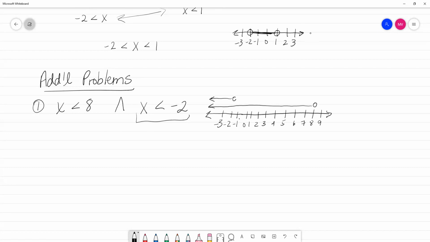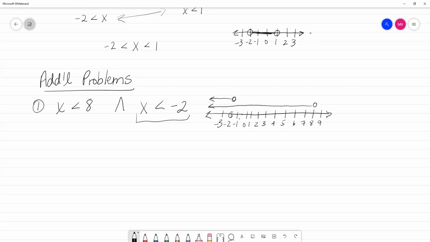I'm confused now. No. That's where we got to. So now we look at where these two conjoin. So -2. What do we put at -2? No, X is the whole set.